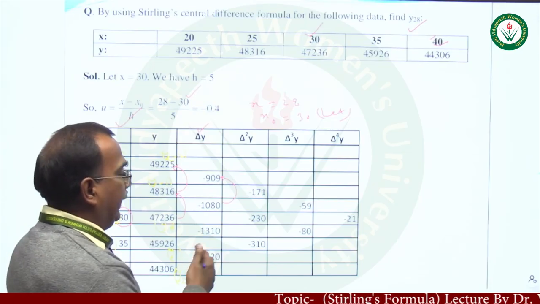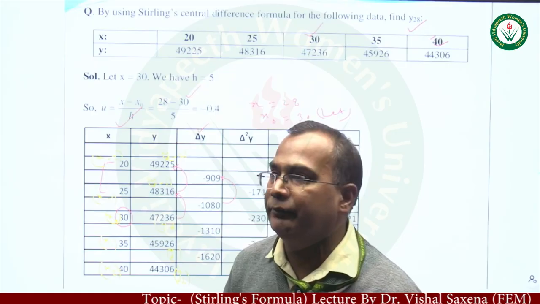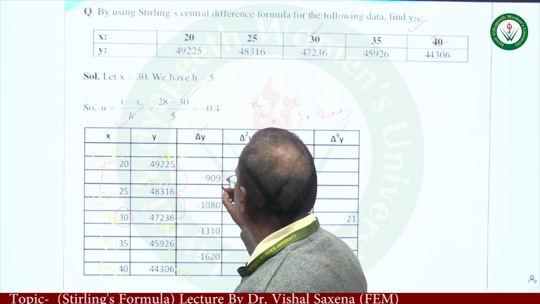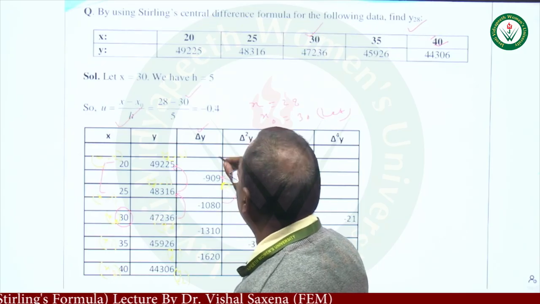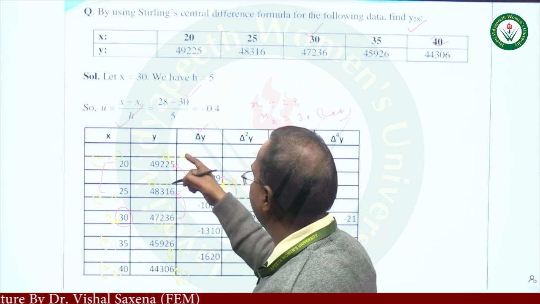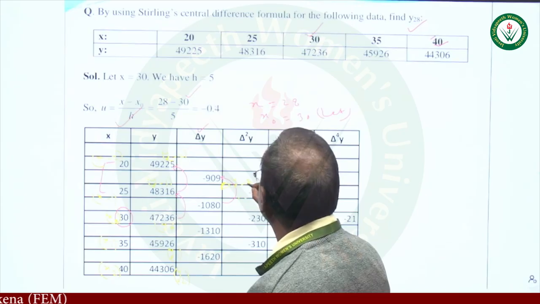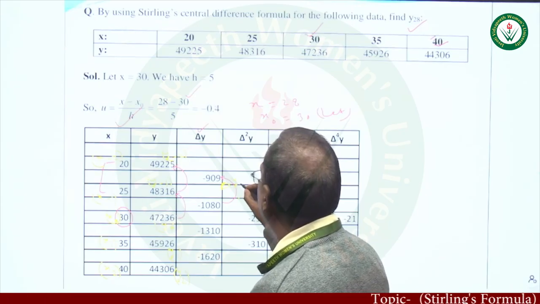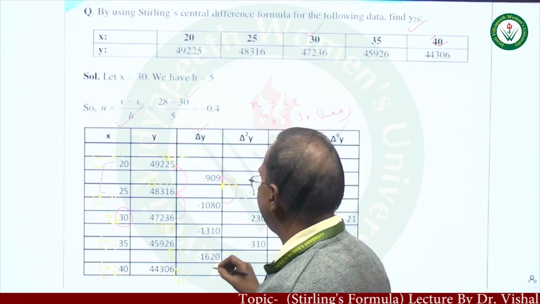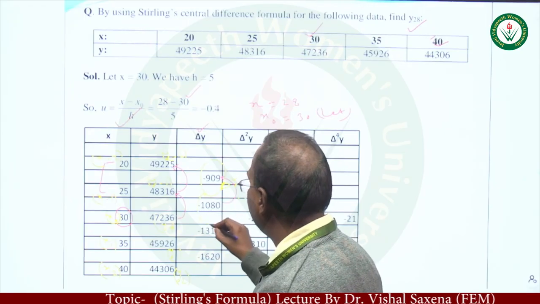Next, as we already know, here is how the forward difference operator will come in a difference table. Look at here, it is the first difference, so it is given by del y minus 2. Next, what about this value here?